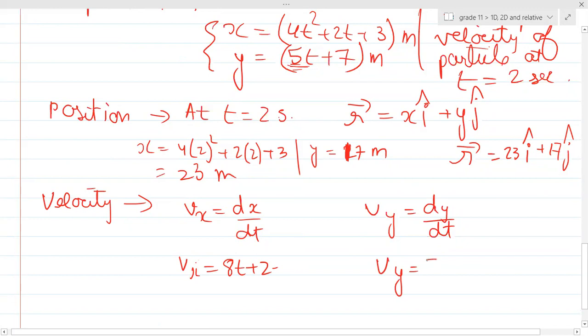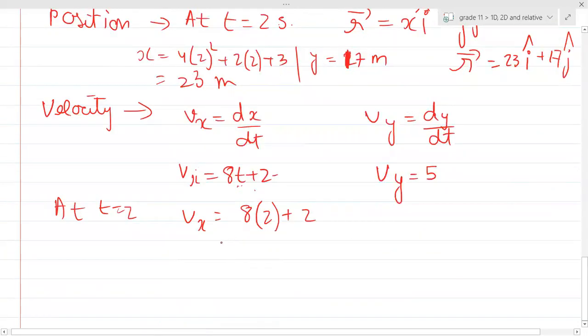So it's 5. So can you see now you will put t equals 2 seconds in both of them. So at t equals 2 seconds, the x component of velocity will become 8 into 2 plus 2, which is how much? 18 meter per second.